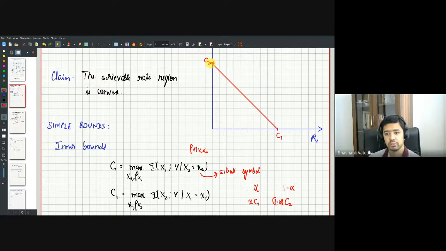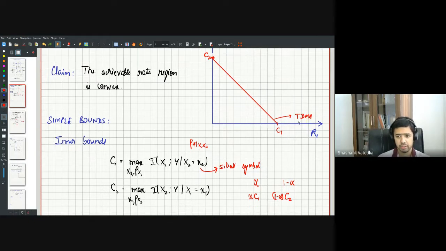Let me call this C2. Okay. So this is what you would get if you used TDMA.